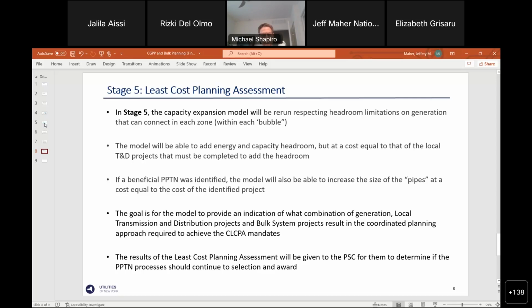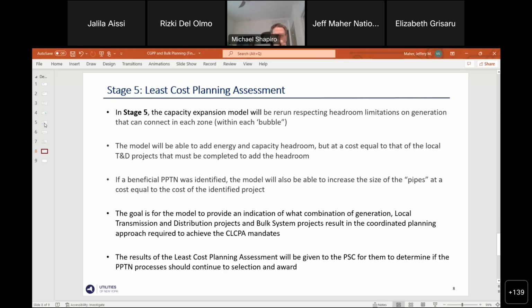And the goal is for the model to provide an indication of what combination of generation, local transmission and distribution projects, and now bulk system projects result in the coordinated planning approach required to achieve the CLCPA mandates. Now, the results of the least cost planning assessment would be given to the Public Service Commission for them to determine if the PPTN process should continue to selection and award. This is a piece of information that the commission can use to make a decision.